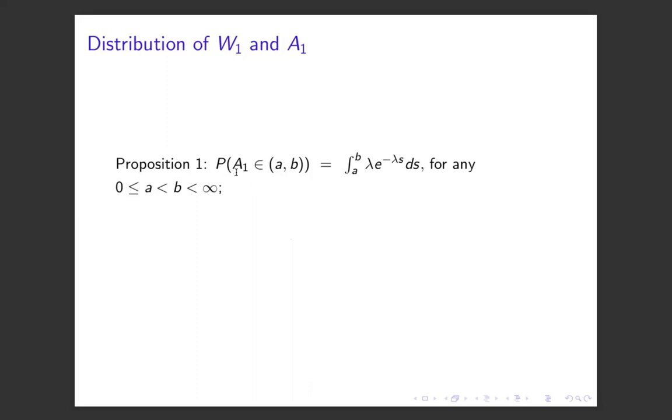So the probability of A1 taking a value in an open interval (a, b) is precisely the integral from a to b of lambda times e to the power minus lambda s ds, for any interval (a, b) contained in (0, infinity).